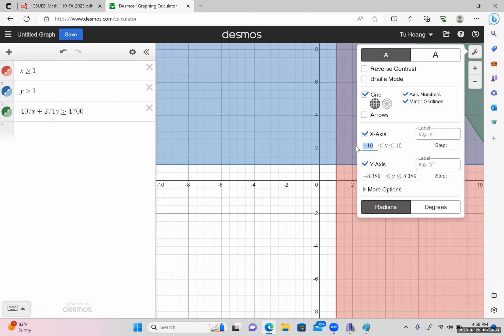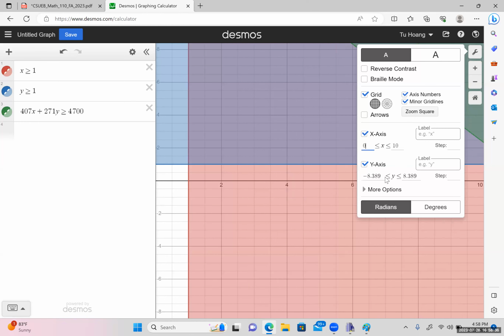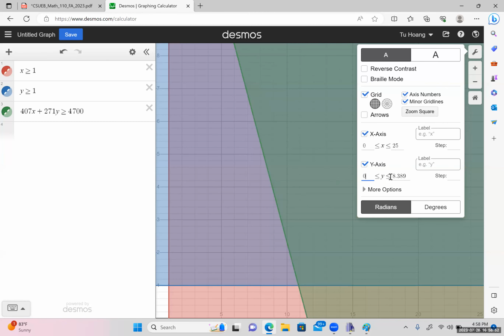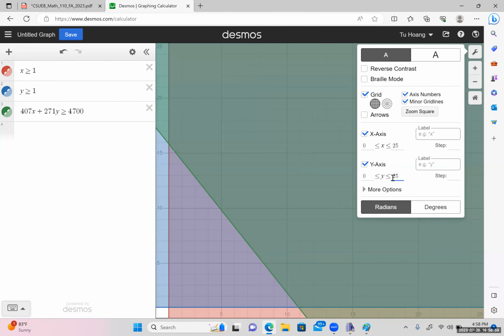Say x must start from 0 up to, I'm going to say 25, and y also needs to adjust up to maybe 20, 25 or so.